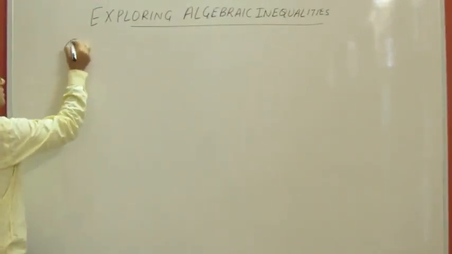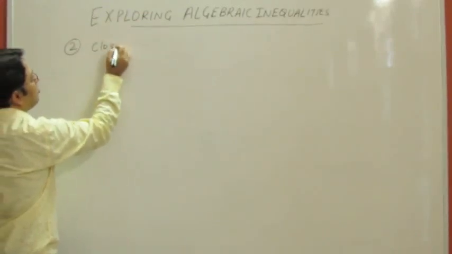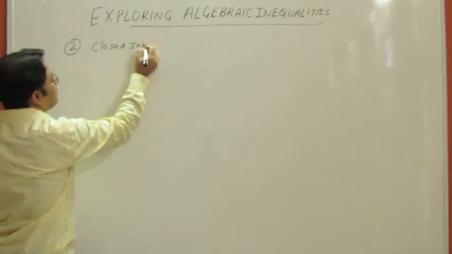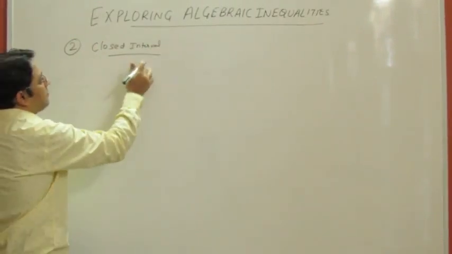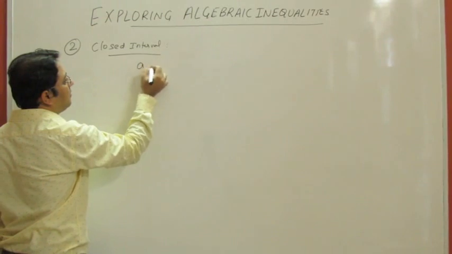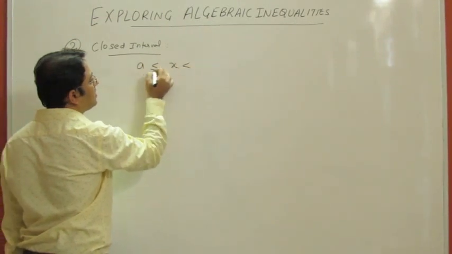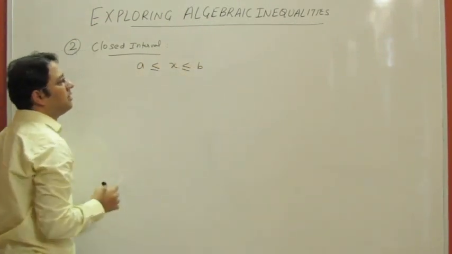The second type of interval is called closed interval. In closed interval, we write x as a less than equal to x less than equal to b.